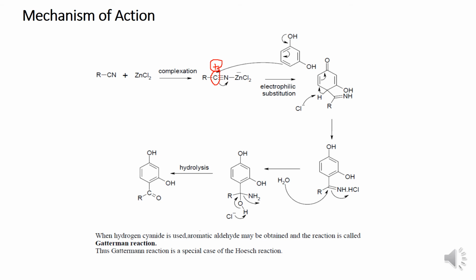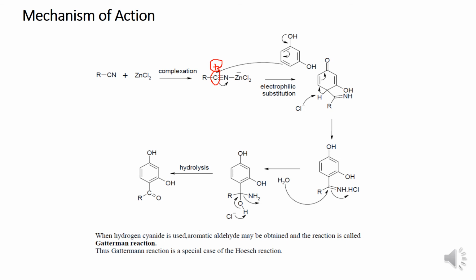So in place of alkyl cyanide, if we use hydrogen cyanide, an aromatic aldehyde may be obtained, and the reaction is called the Gattermann reaction. Thus the Gattermann reaction is a special case of the Hoesch reaction.